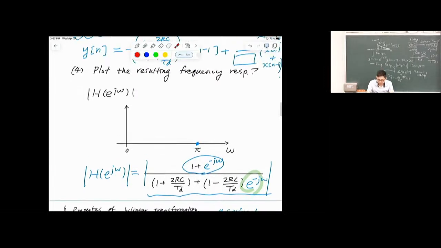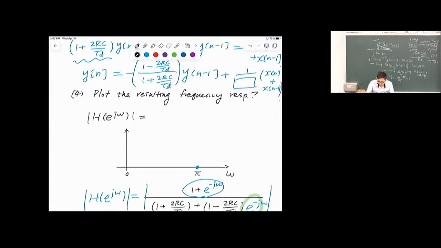The hint is that the frequency response is e to the j omega, as a function of big omega, right? So try it at home.